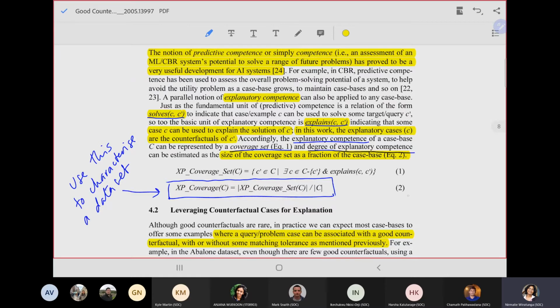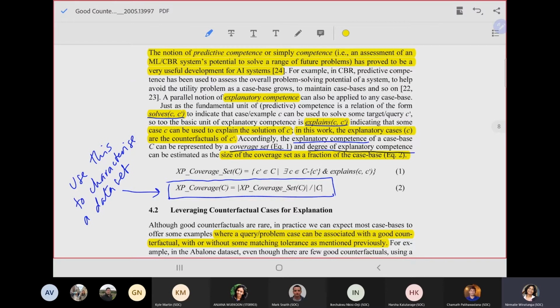So here, given some counterfactual C prime, which is an element of the case base C, there exists a particular case C, which is an element of the case base, different with the counterfactual not in the case base, such that that particular case C is explained by the counterfactual C prime.